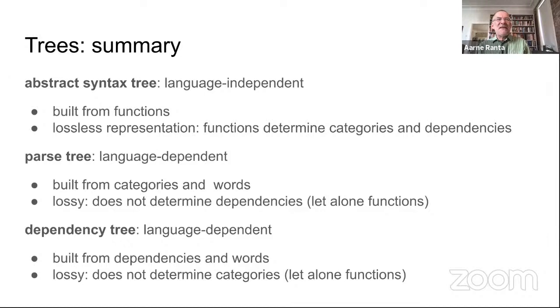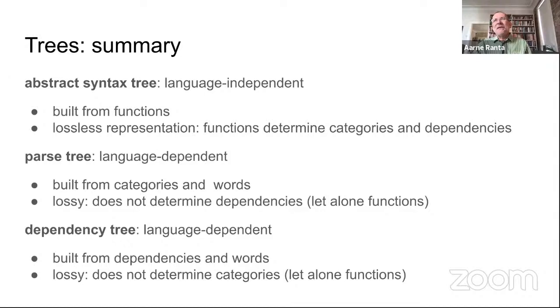And then the dependency tree is also language dependent because it has the words on its leaves, but well, language independent in the sense that it uses similar labels. So it's also lossy because it doesn't determine the categories, for instance, the different verb categories, and of course it doesn't quite determine the functions.